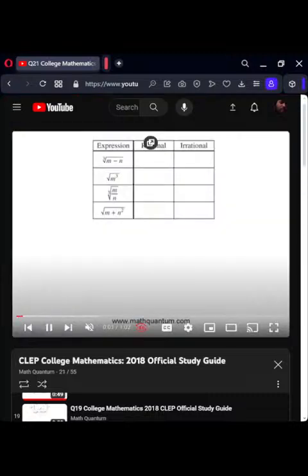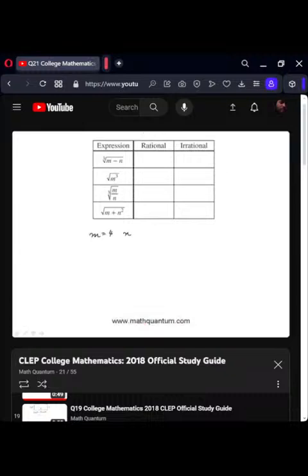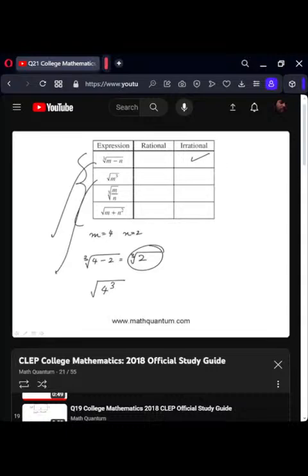In this question, we're told that m is 4 and n is 2, and we have to find which of the expressions will have a rational value. I'll start with this one, cube root of 4 minus 2, that is cube root of 2, that's going to be irrational. Look at the second one, this would be square root of m cubed, so 4 cubed is 64, that's 8.